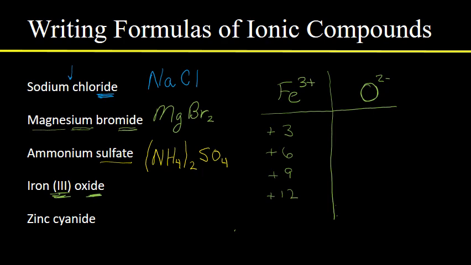And for oxygen, 1 oxygen is -2, 2 oxygens -4, 3 oxygens -6, 4 oxygens -8. So if we want to combine these together so that the charges balance, we need 2 irons and 3 oxygens. And so we'd write it this way.